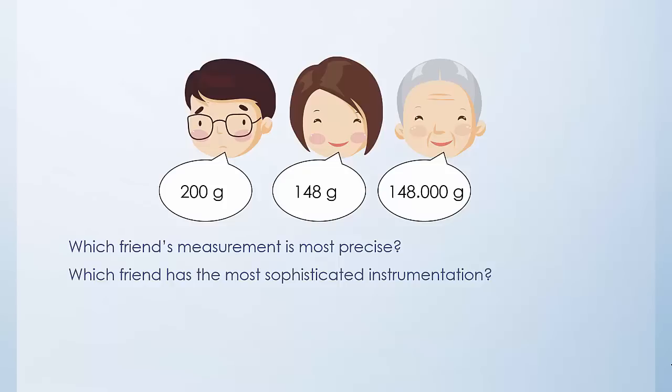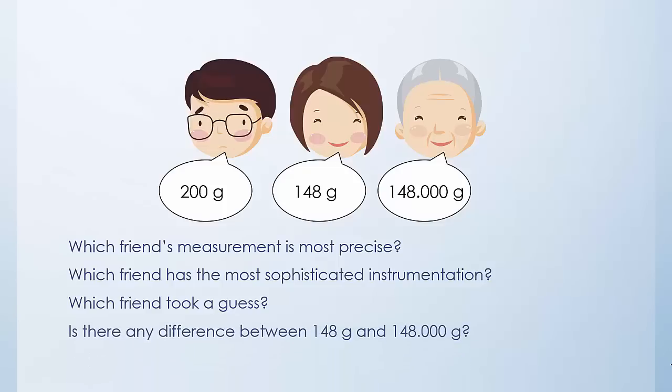Maybe she has an analytical balance at her house or something, and she was able to tell you the mass of the baseball very precisely. Meanwhile, the friend on the left, because he said 200 grams, we can assume maybe he was just taking a guess, right? Now I want you to think about what difference, if any, there is between the 148 grams and 148.000 grams. Is there any difference between those two measurements?